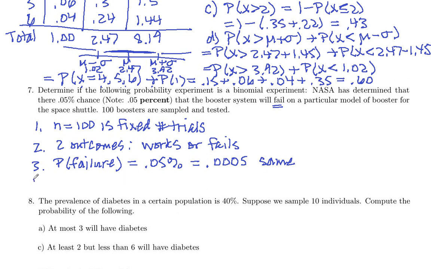So that checks out. And then the fourth one is that trials are independent. So one booster failure should have no effect on the others.